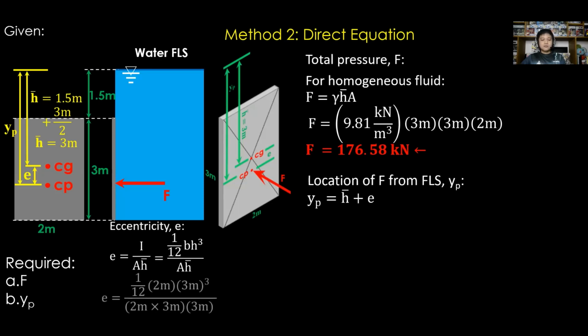Substitute B equal to 2 meters, H as 3 meters, and h bar as 3 meters, then E is equal to 0.25 meter. And substitute this E in the equation of y sub p. Y sub p is equal to 3.25 meters from the free liquid surface.